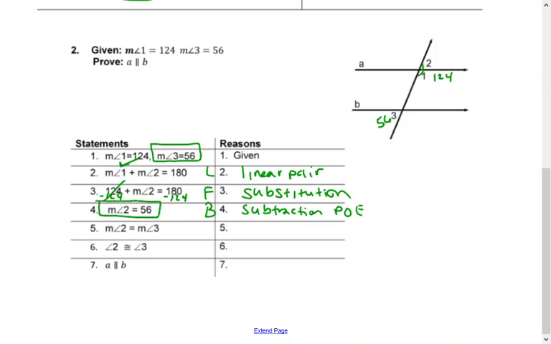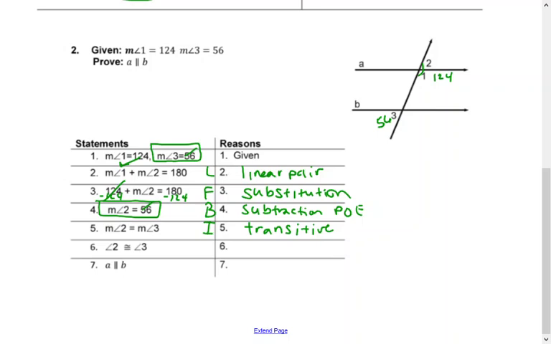If we have angle 3 is 56 and angle 2 is 56, we're going to put those together, get rid of the 56, link those together, and say 2 is 3. Measure of 2 is 3. Transitive property. The transitive property is I on our sheet.